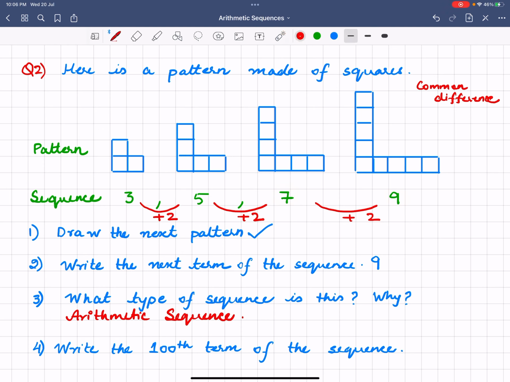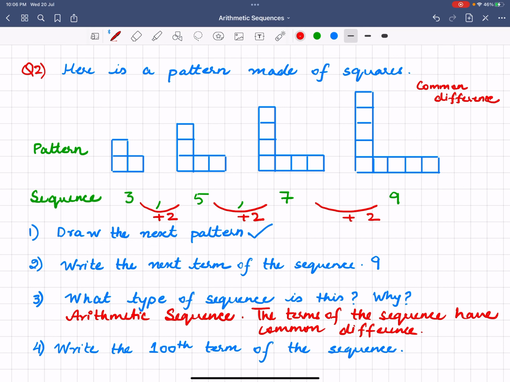So the terms of the sequence have common difference. Alright, so that answers question 3.